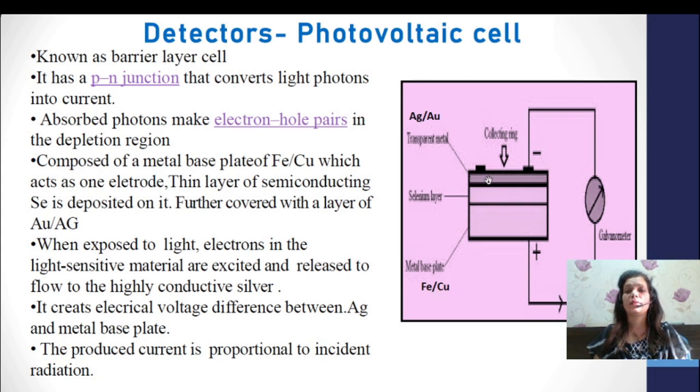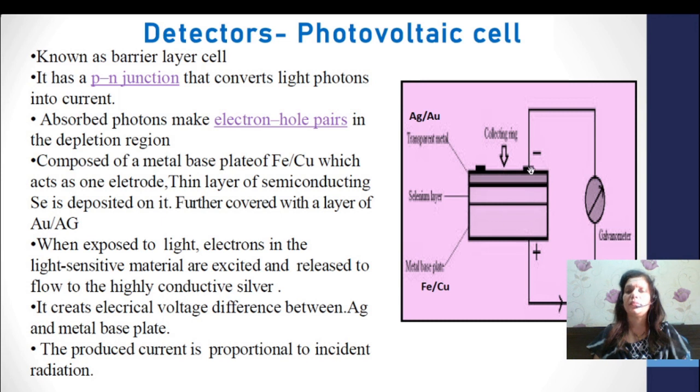So when photons interact over this upper part, this layer converts this photon into a number of electrons. So a number of electrons are ejected when photon strikes the upper surface. These ejected electrons are collected at this particular metal base plate.